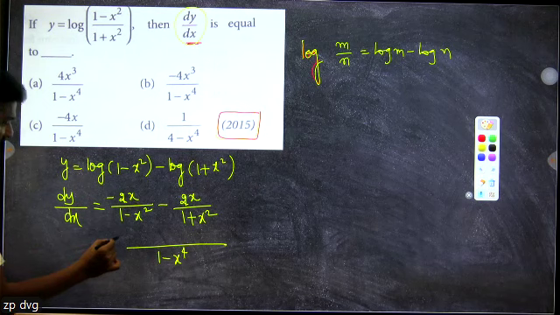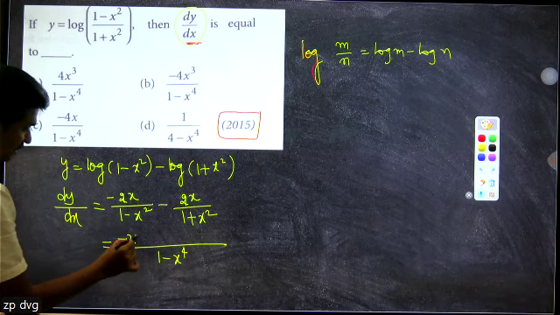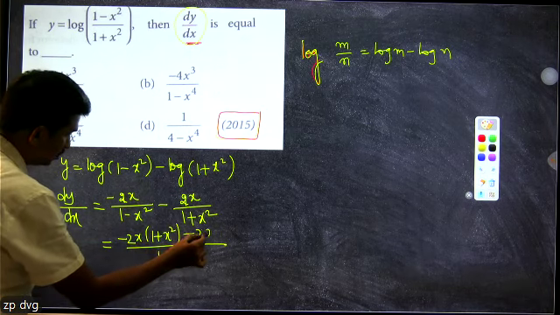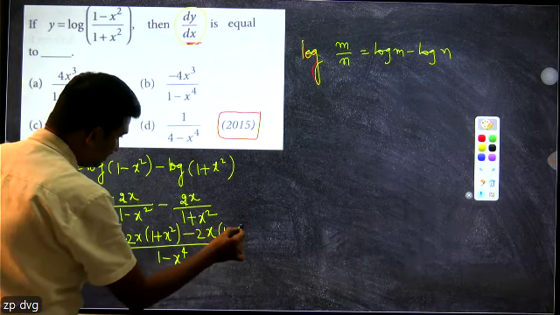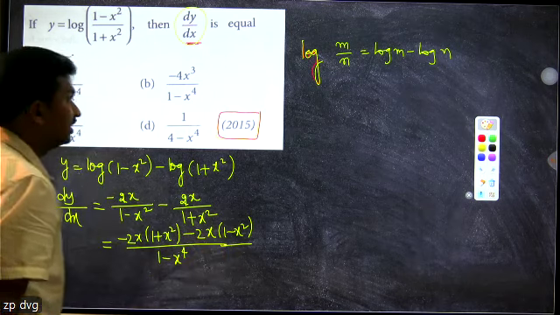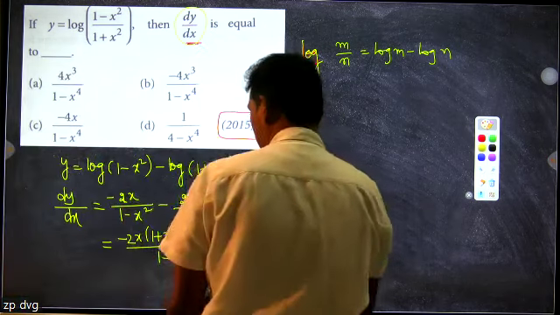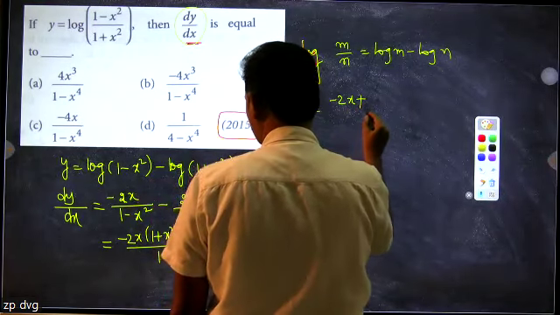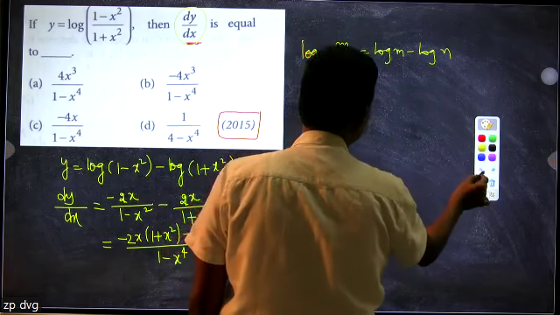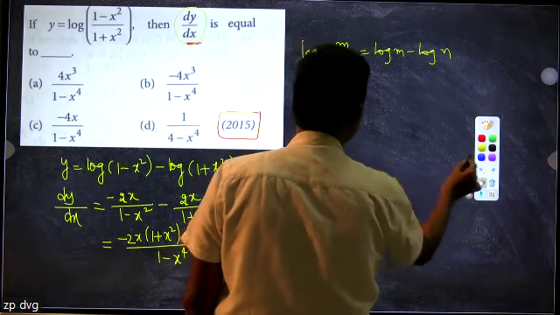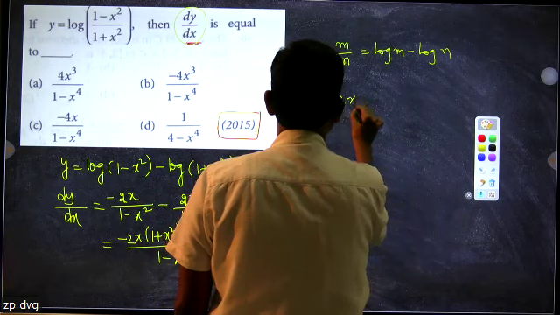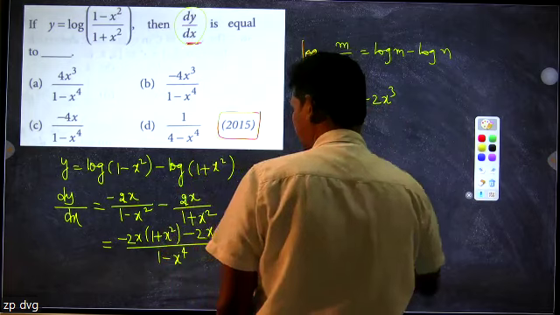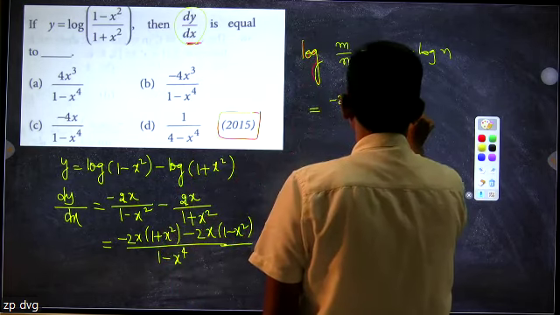Now you simplify this numerator part. 2x into 1 plus x square minus 2x into 1 minus x square. Okay. Further, if you simplify this, what you will get? Minus 2x minus 2x cube minus 2x.